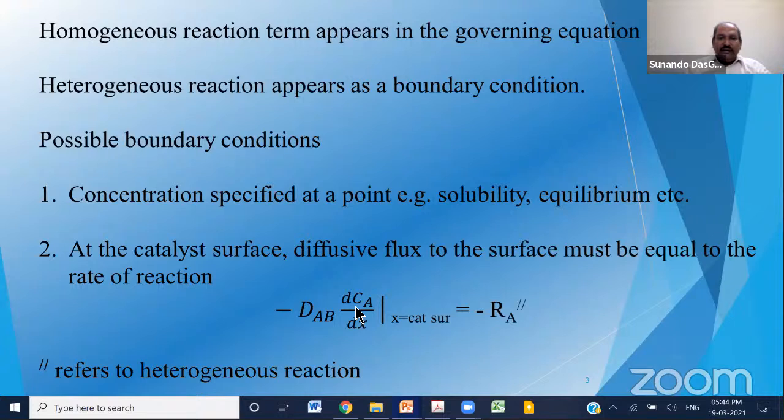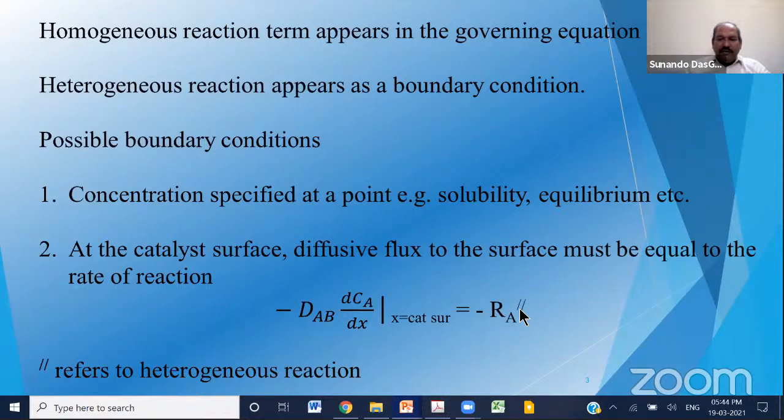The second one is the diffusive flux to the catalyst surface, which must be equal to the reaction taking place on the surface. This is in order to maintain a steady state. At steady state, whatever amount of reactant reaches the catalyst surface by diffusion must be equal to the consumption by reaction at the surface.